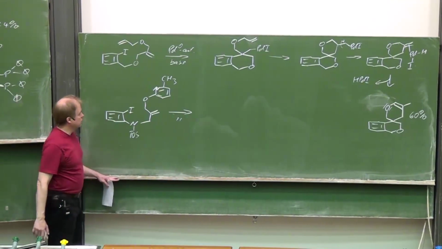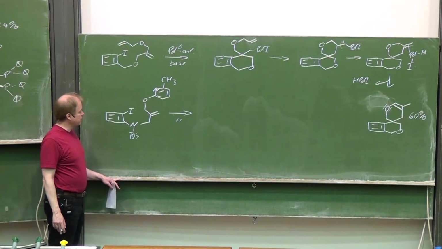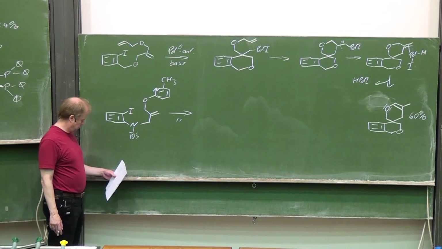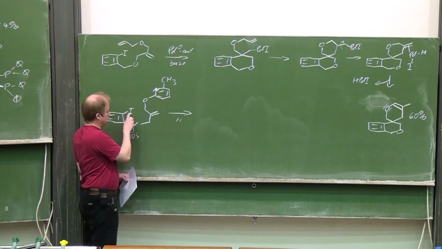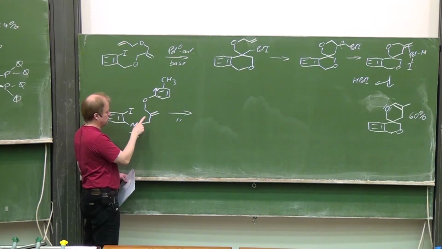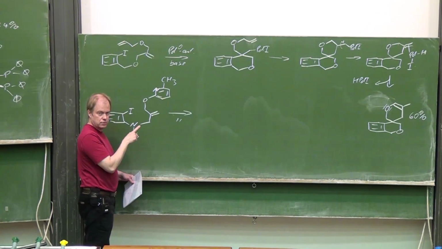This example is somewhat tricky. One could imagine the first step after the oxidative addition of a palladium 0, a 6-endo-trig cyclization.